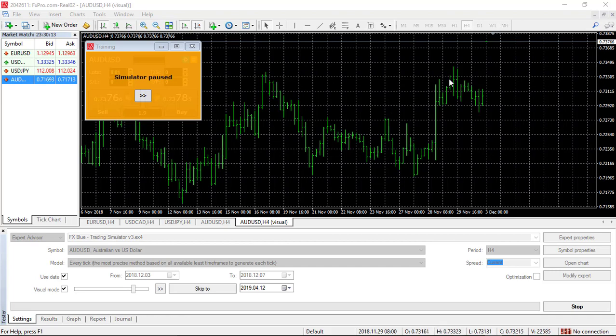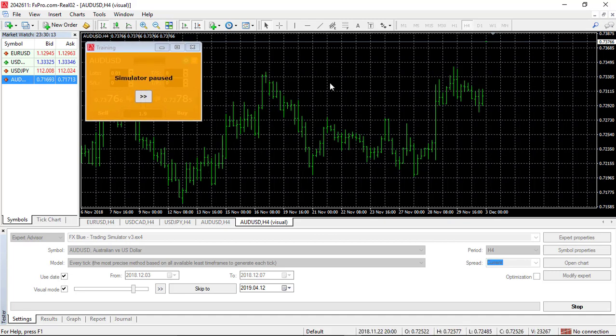First, after you open your MetaTrader 4 trading platform, you go to View and you go to Strategy Tester to set up your trading simulator. As you can see, the simulator is already loaded.